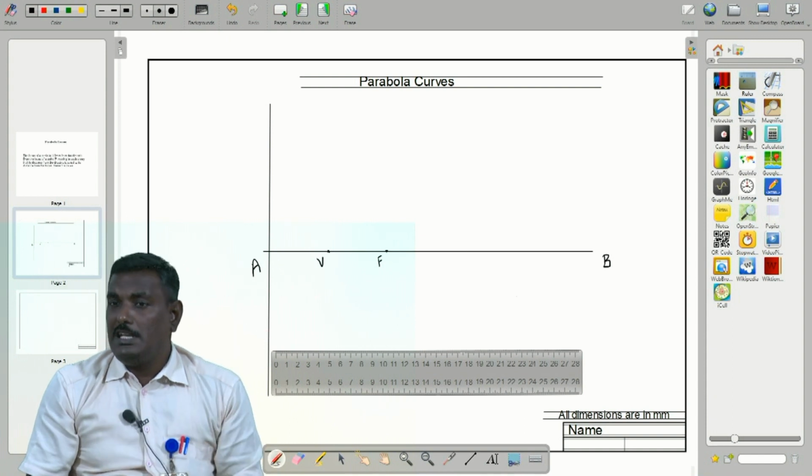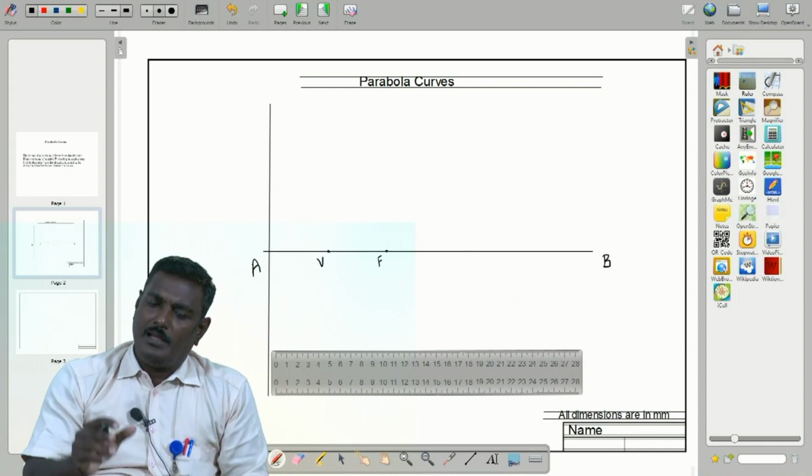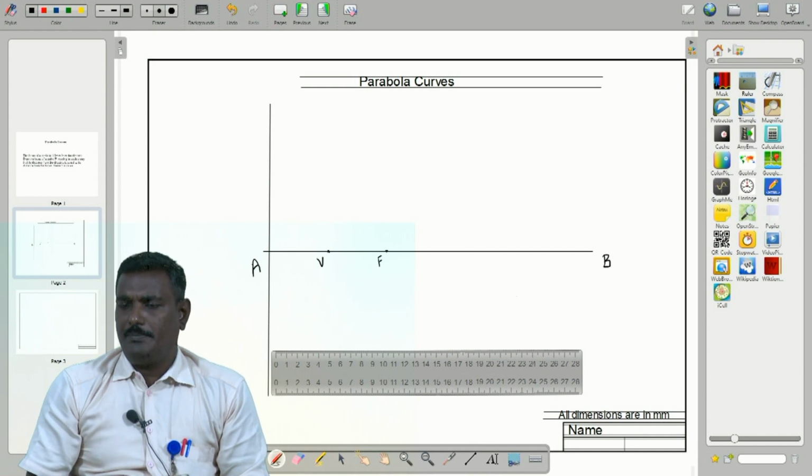But here, yes, we have to draw a vertical line.